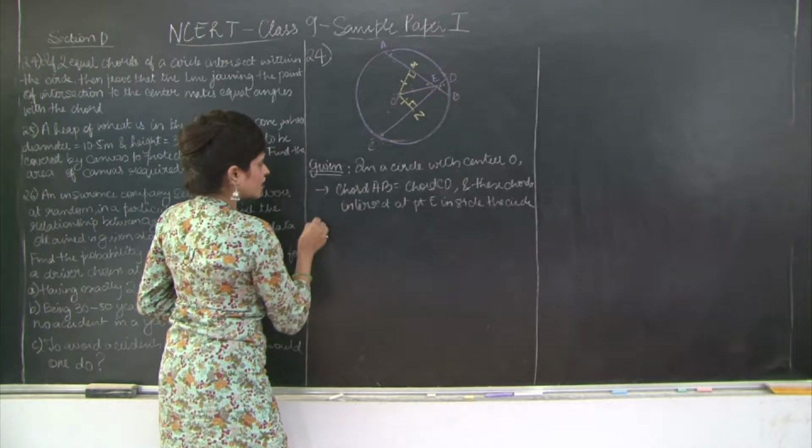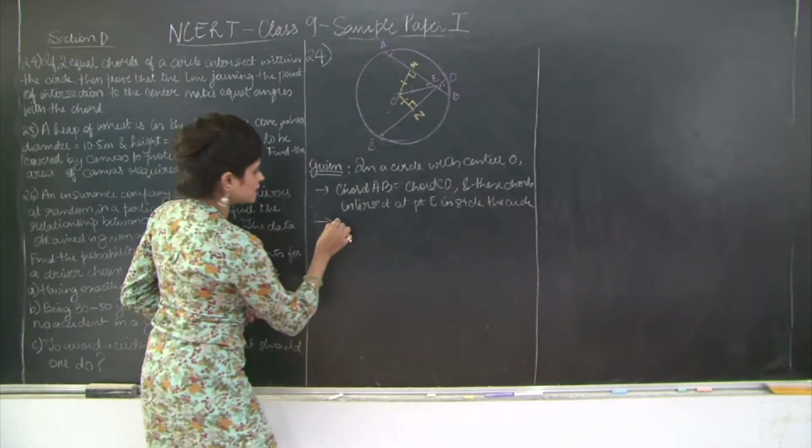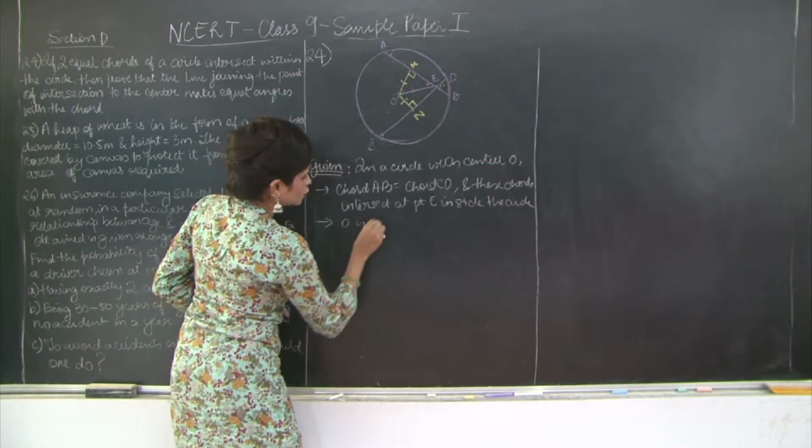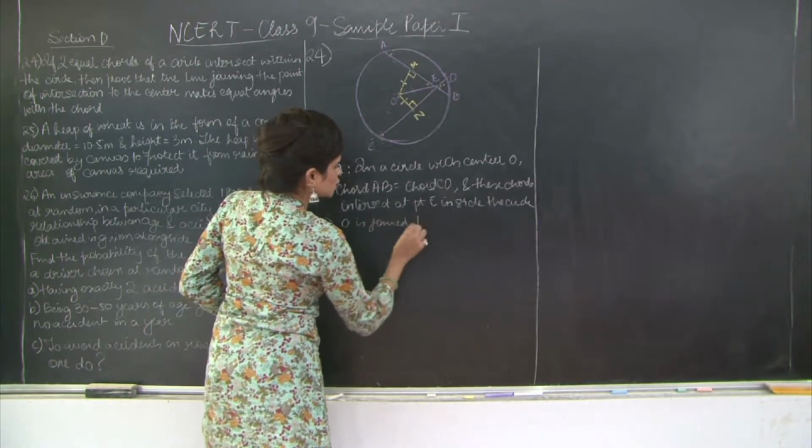Correct? What is the next point? That O is joined to E.